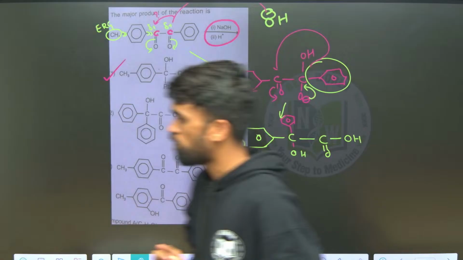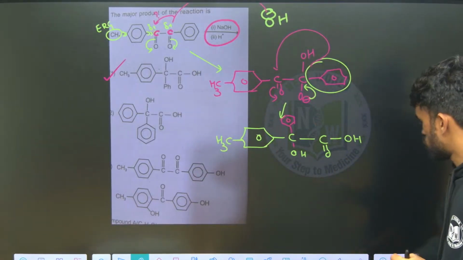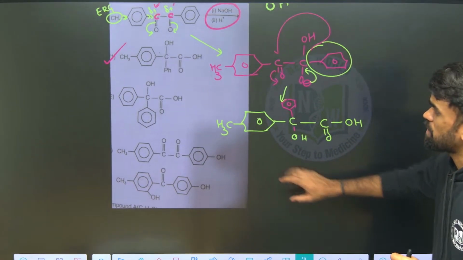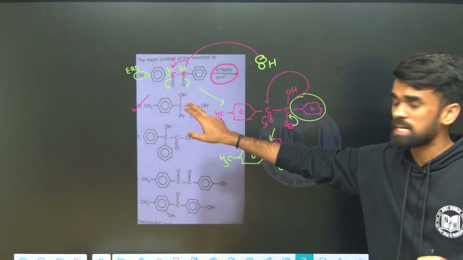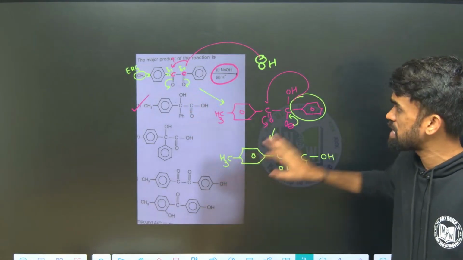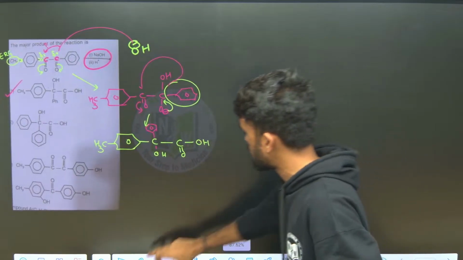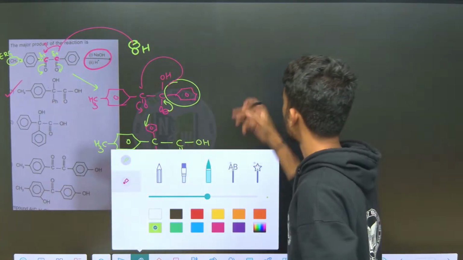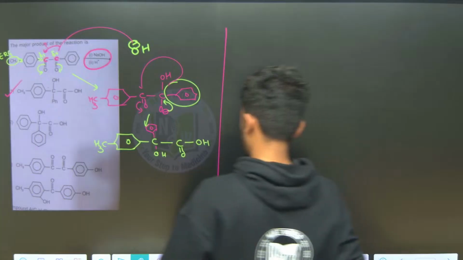Yes, let me move forward with one or two more questions. I hope every step is clearly understood. Now I will give a sample question for exercise purposes. Just try this question.